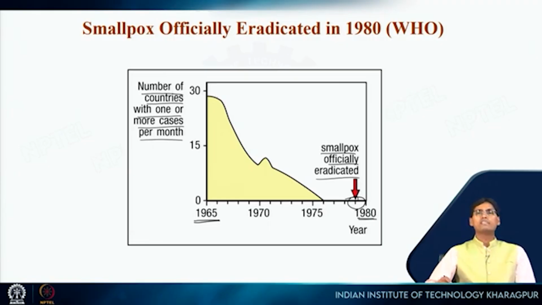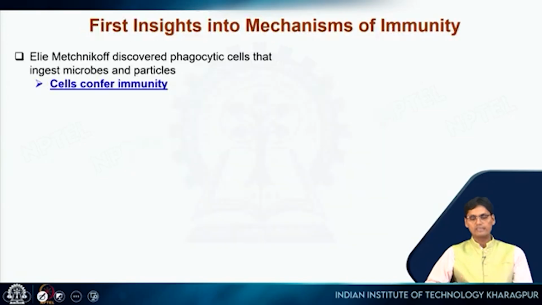One is in the United States, the Center for Disease Control and Prevention, and the other is in Russia, the State Research Center of Virology and Biotechnology. In these two labs, the virus stock is still there. So anyway, let's see what is happening here.